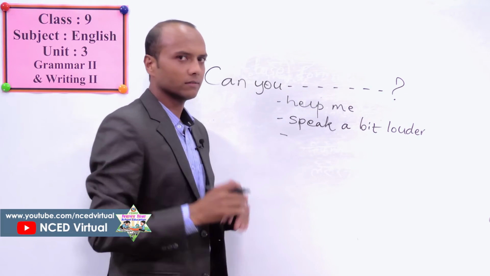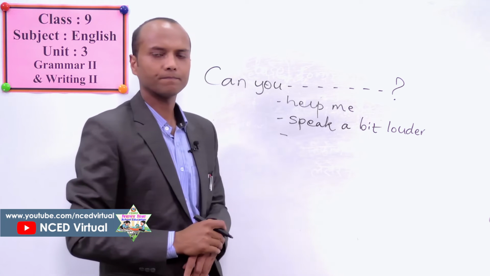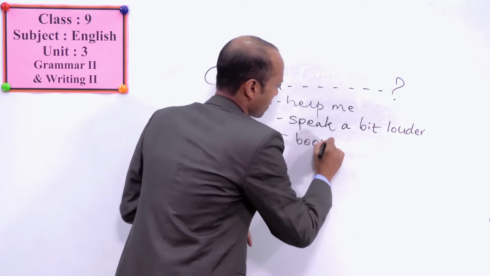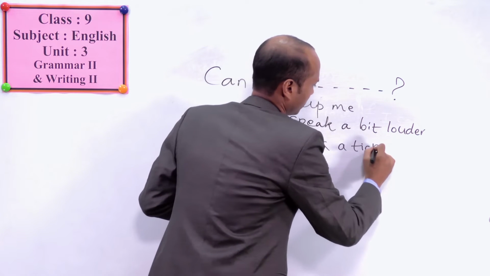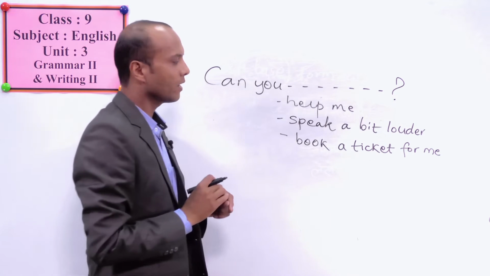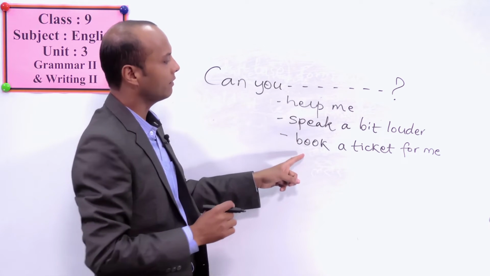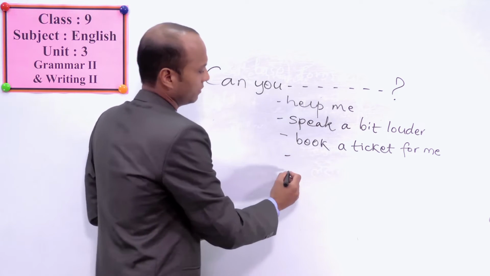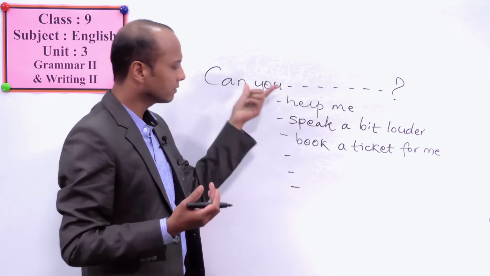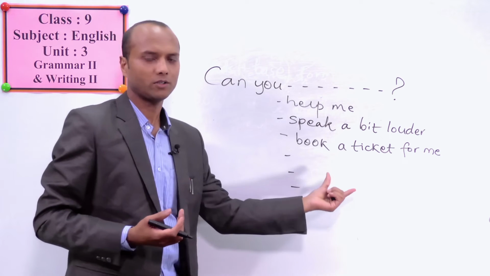So what do you think? What can be there? Can you book a ticket for me, etc. So in this way you might have various other, you can think of many. Got it? Please try making different, let's say, such expressions.